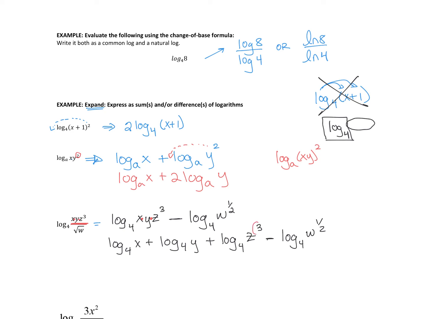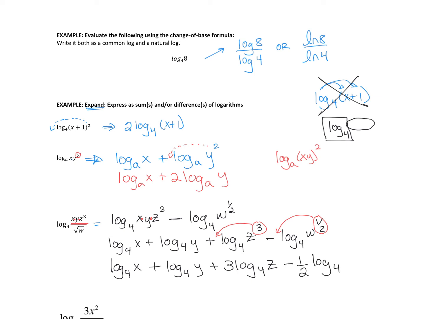And then as a final step, I'll take these exponents and move them down in front of their respective logs. So that's going to give us log base 4 of x plus log base 4 of y plus 3 log base 4 of z minus 1/2 log base 4 of w.